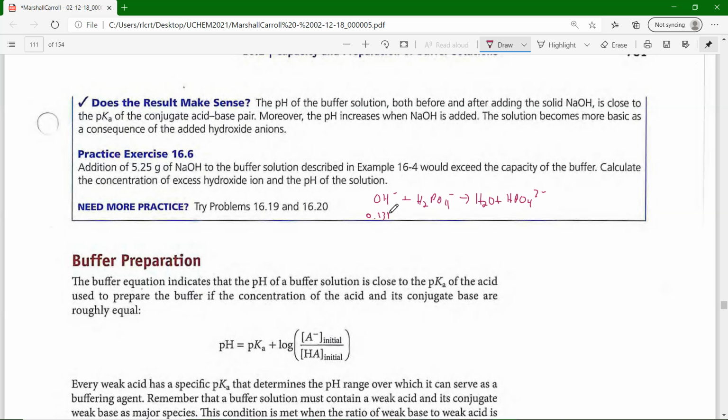The H2PO4- I started with is 0.0825. And I know I have some of the other stuff to start with, but that's not really what I care about. Oh no, I do care about that. It wants me to get the pH of the solution. So the HPO4 2- I start with is 0.225.